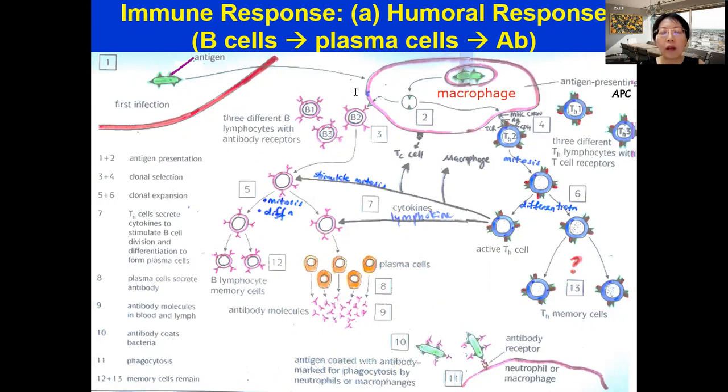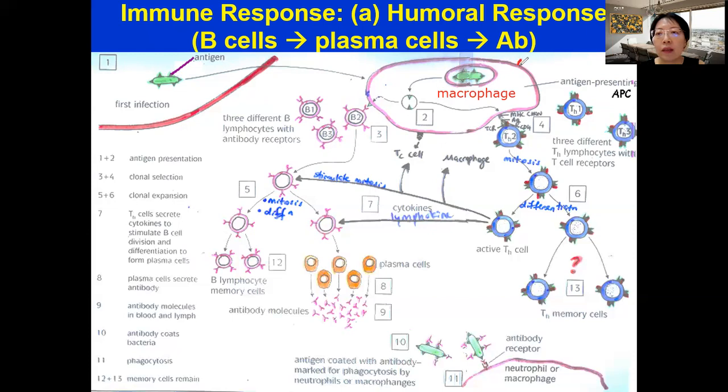Macrophages will phagocytose the bacteria, but will not fully digest them like neutrophils, because their main purpose is to cut the bacteria into small pieces and present the pieces containing the antigen on the surface of the macrophage itself. It can present directly on the cell surface membrane, or the antigen of the bacteria can be held by a particular receptor.